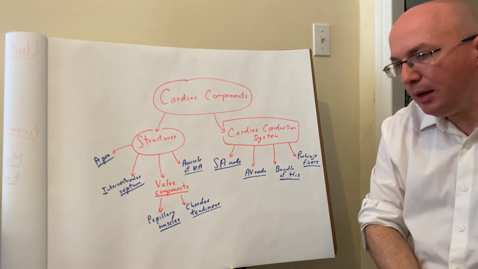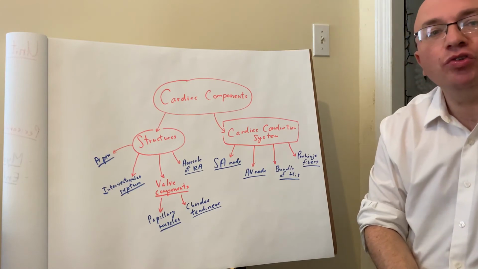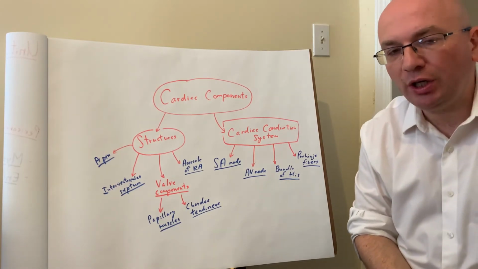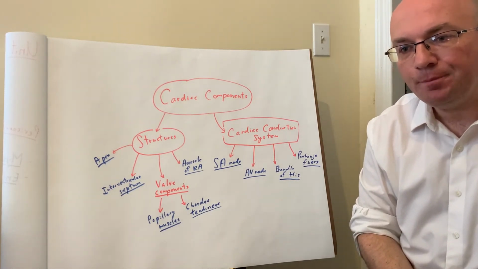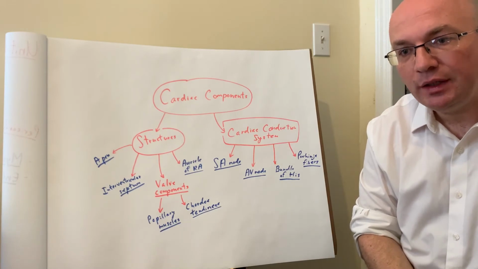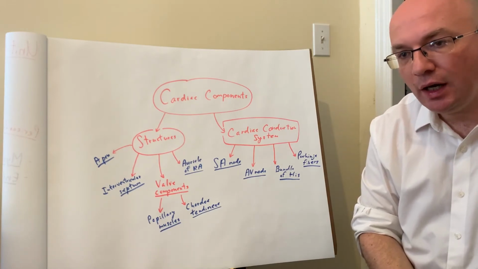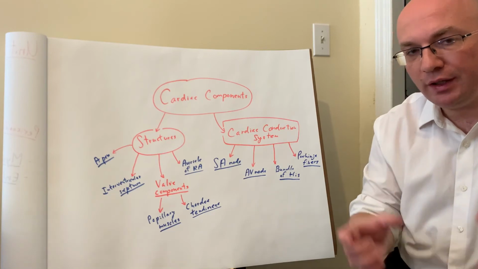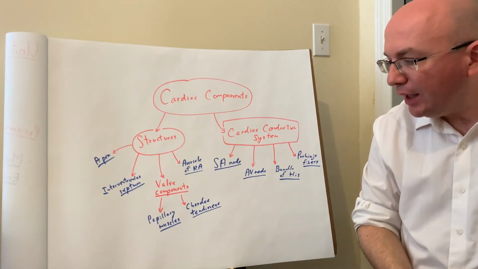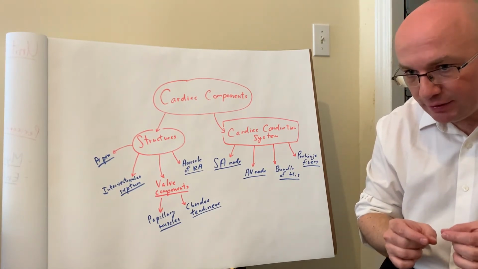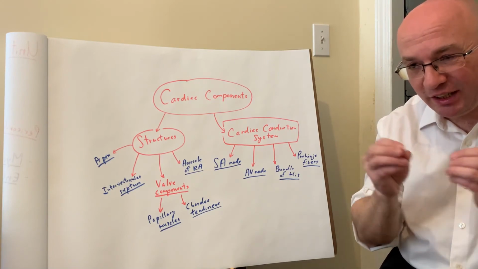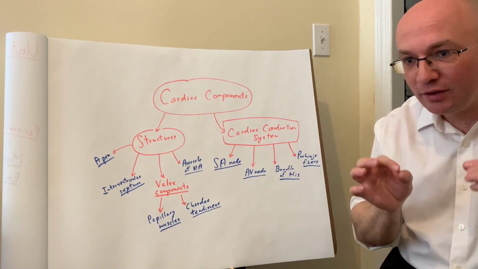And thinking about our different valves, especially those two large valves that we talked about, the tricuspid and bicuspid valves. Because they're so large, they have either 3 or 2 cusps, and they have little muscles and little connections, kind of like strings of a parachute that connect to the flaps.